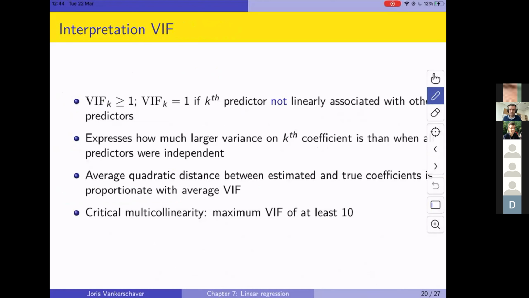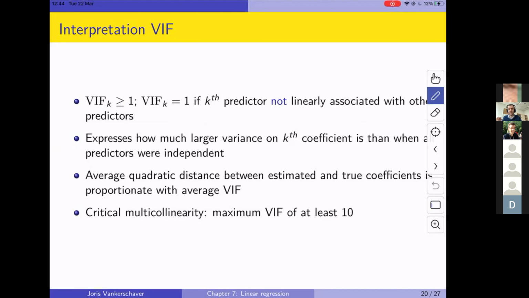And predicted here, you have to interpret in the sense of linear regression, so linear association. And so what this basically tells me is how much larger the variance on the k coefficient is, the coefficient of that term, than if the predictors were independent.